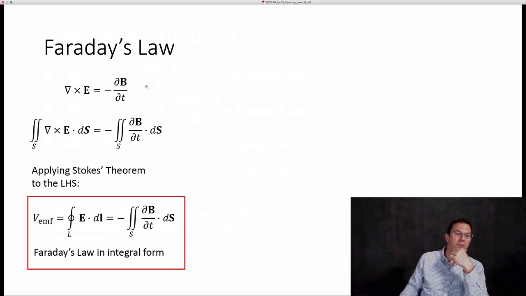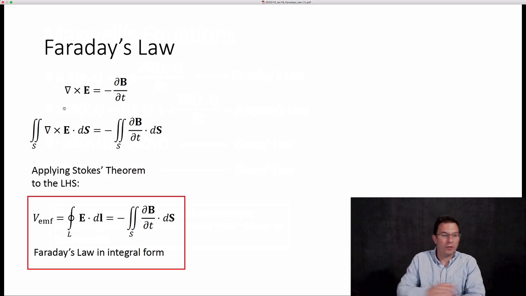We can play some games here by integrating the left-hand side of this equation over some area S. So that's what I've done here. Taking the dot product of the left-hand side with some differential area and integrating, and doing the same, of course, on the right-hand side to preserve the equality.